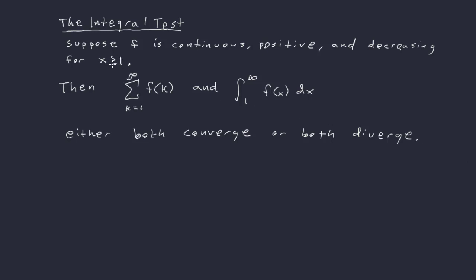It could be past a certain point, maybe any positive integer. Okay. Then the series k going from 1 to infinity of f of k and the integral from 1 to infinity of f of x dx either both converge or they both diverge.